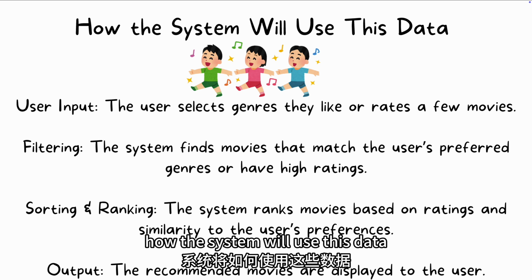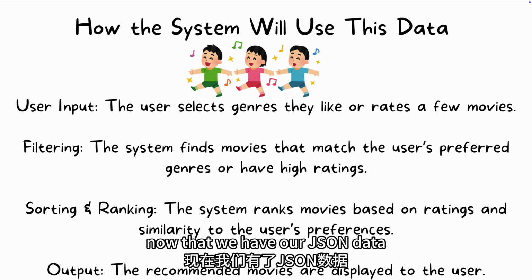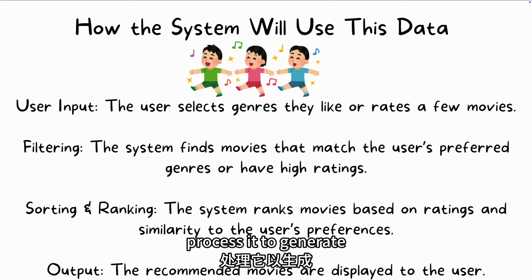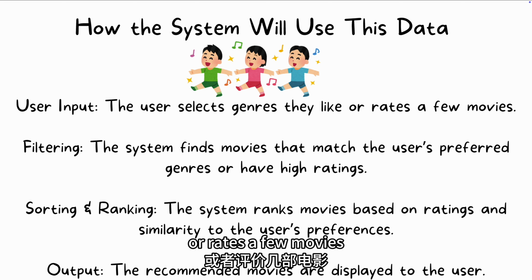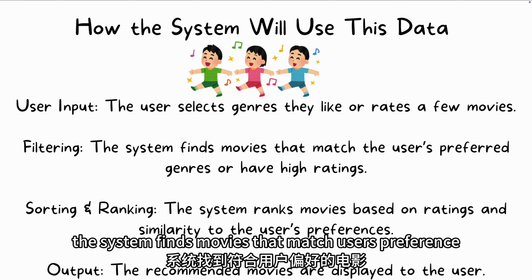How the system will use this data. Now that we have our JSON data, let's briefly go over how our system will process it to generate recommendations. First, user input: the user selects genres they like or rates a few movies. Filtering: the system finds movies that match the user's preferences.